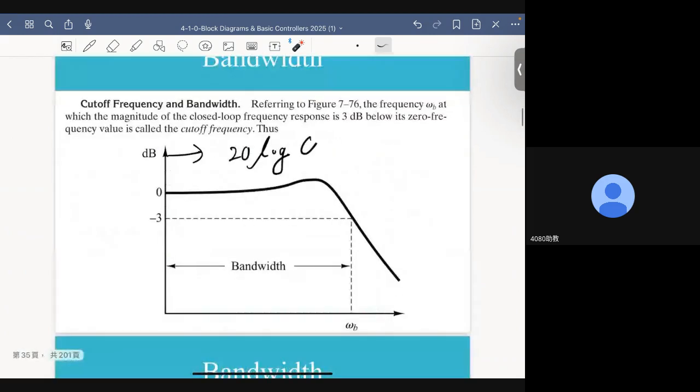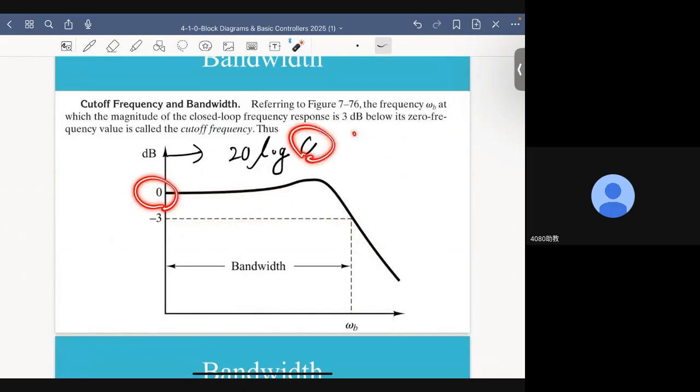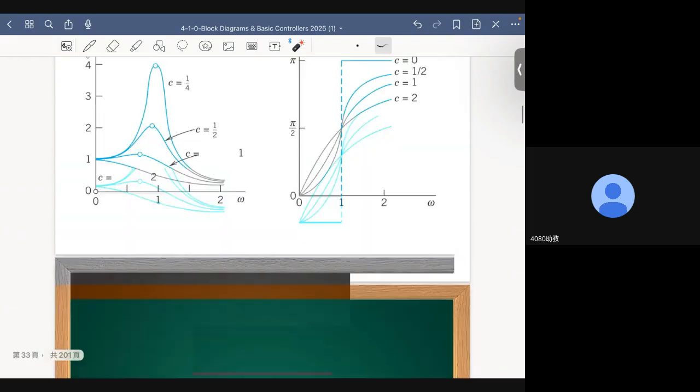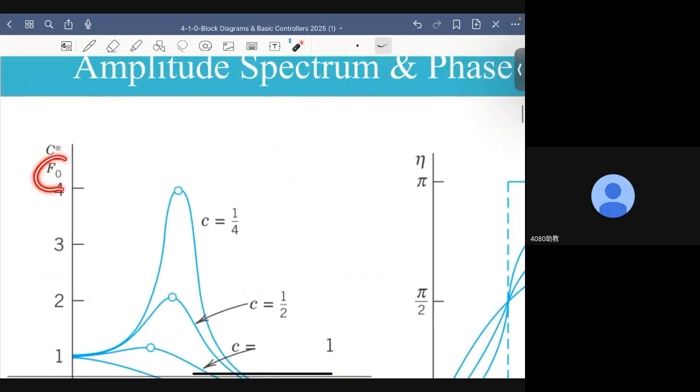That means here, 0 dB means C is equal to 1, which is here, all right? That is, whatever F0 is, C is exactly the same as F0. And that is what we want, because input is the command, and output is what we want.